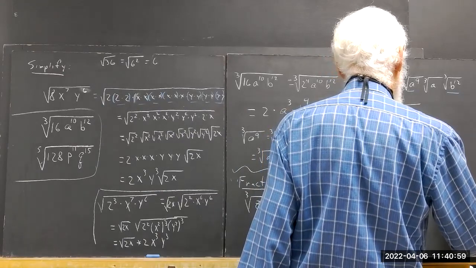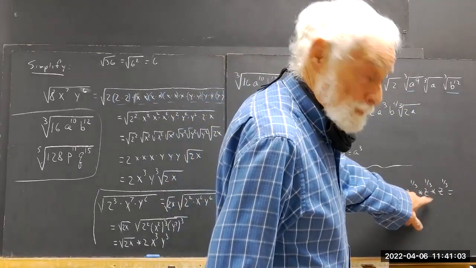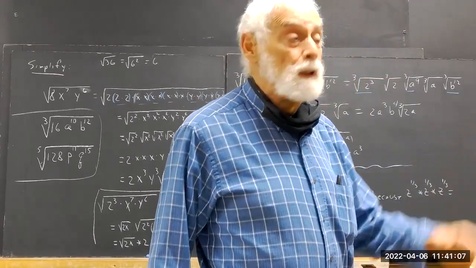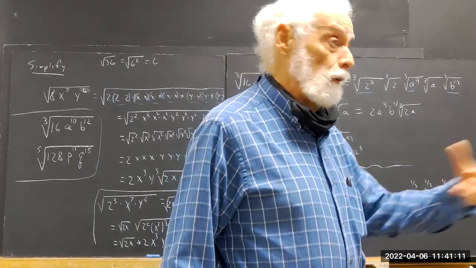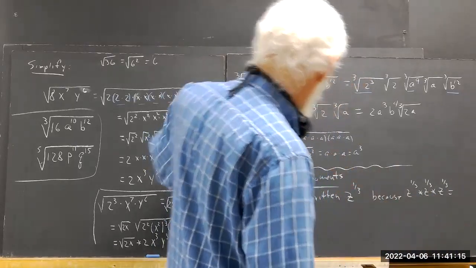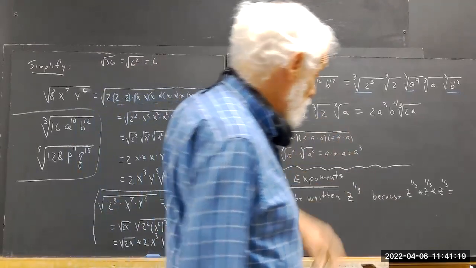by the rules of exponents, if you multiply 2 powers of z, you add the powers, right? If you multiply 3 powers, you add those powers. And there's a reason for that that goes back to something very similar to what we're doing here. But there's the rule.